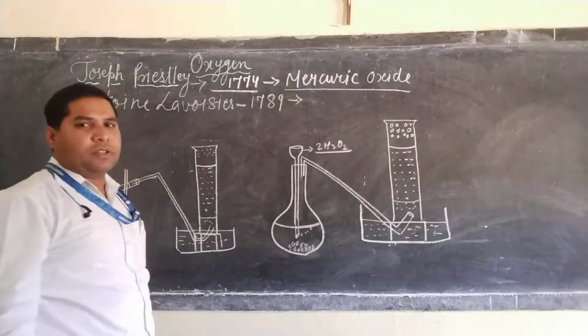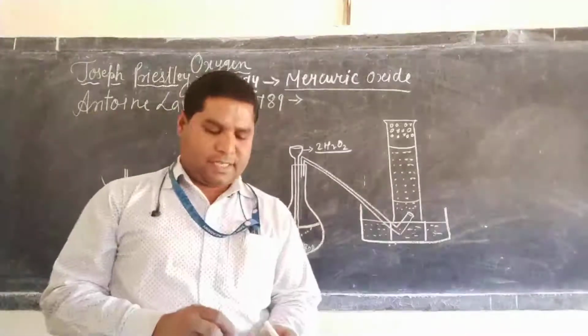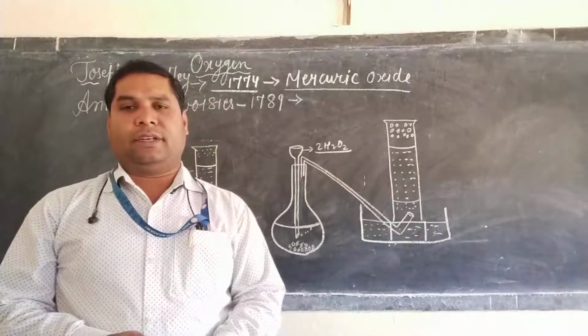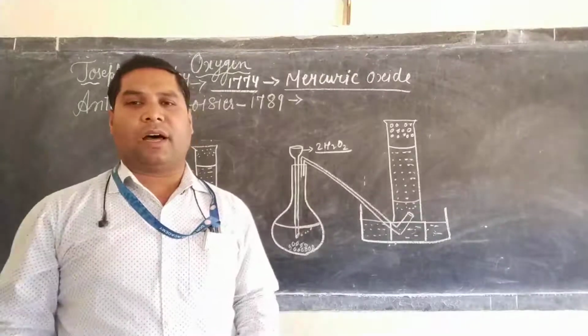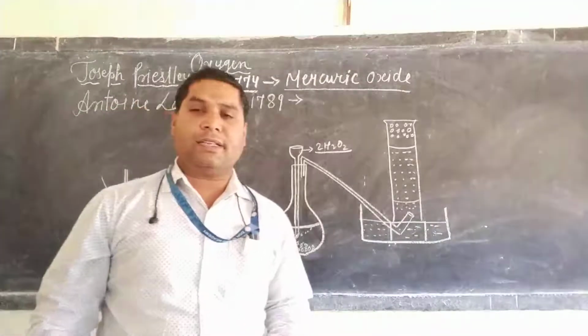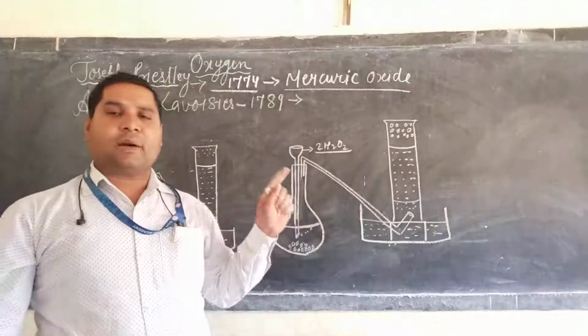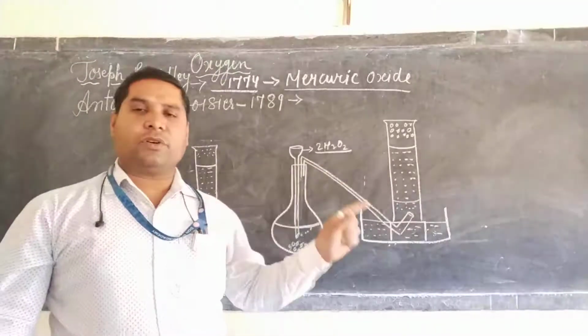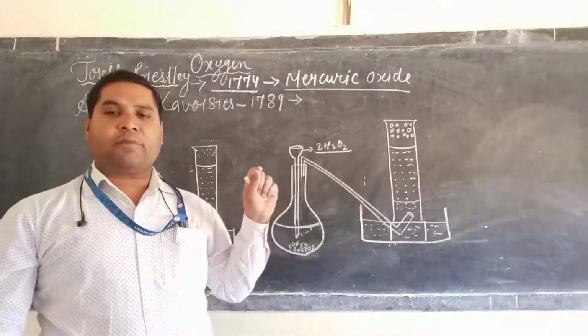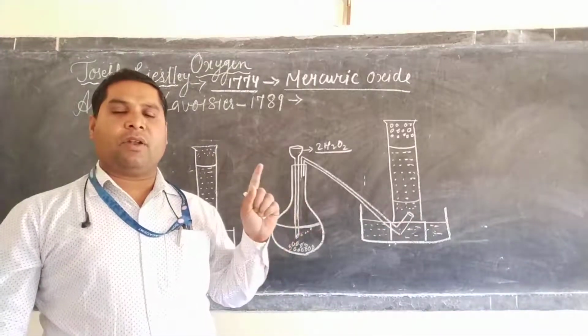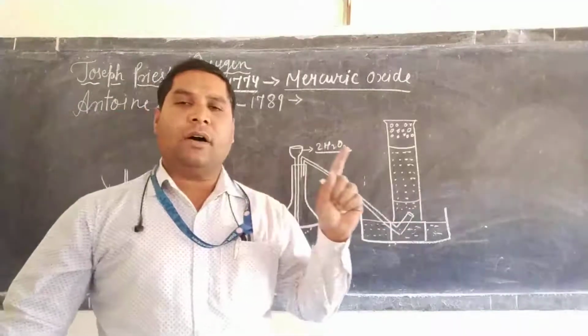He studied the properties of oxygen and explained that oxygen is the active part of the air. Reason behind it? It is combustible and supports combustion, and it is important for the survival of all living organisms.